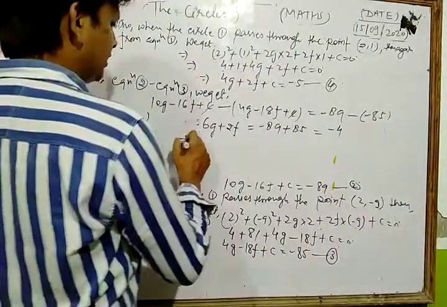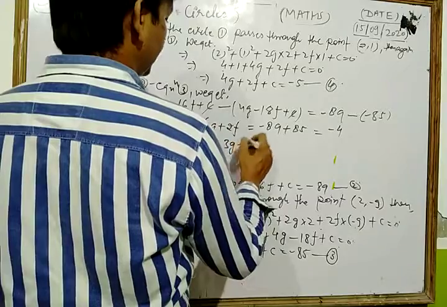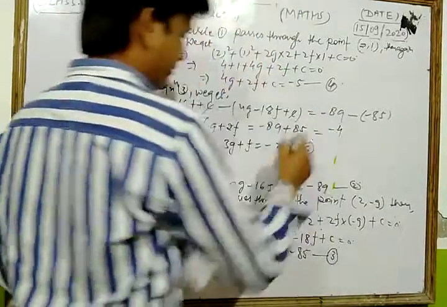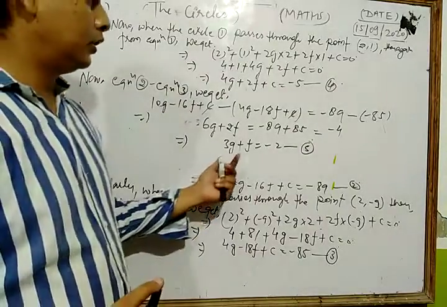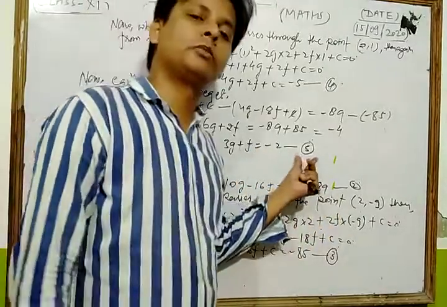Now we take 2 as common, so we get 3g plus f is equal to minus 2. We call this equation number 5.